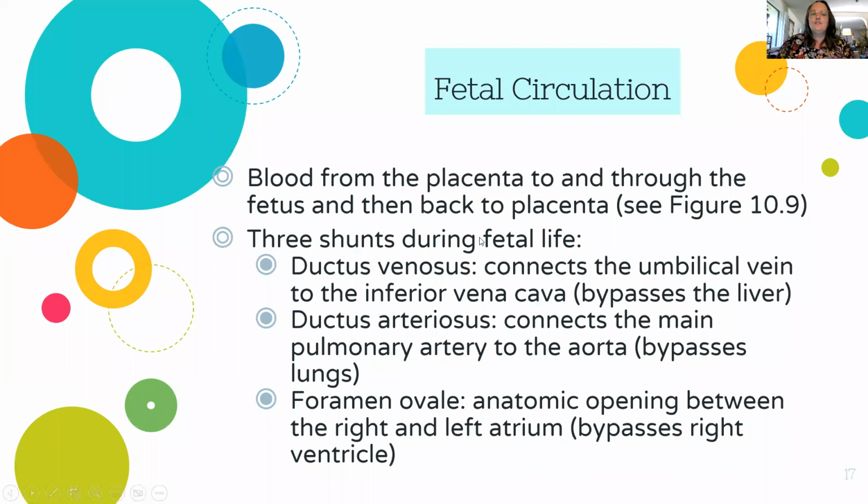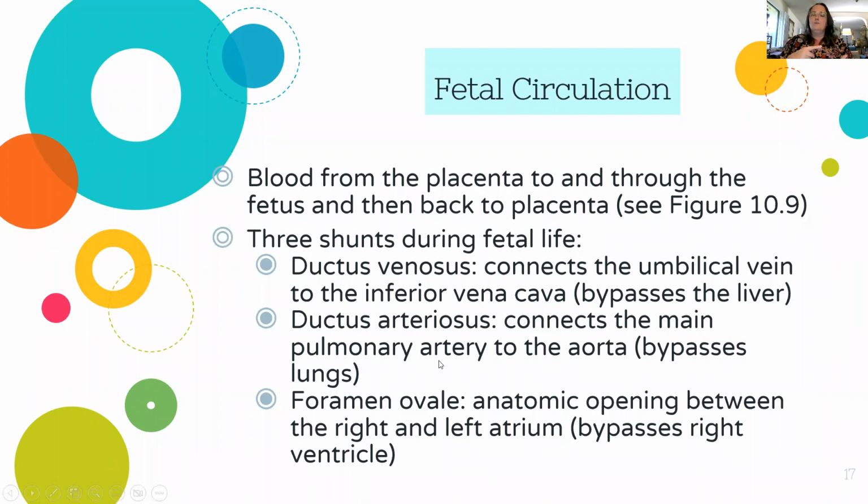So fetal circulation, again, is different when the mom and the placenta are functioning to help the processes for this fetus. There are 3 shunts in fetal life: ductus venosus, ductus arteriosus, and foramen ovale.